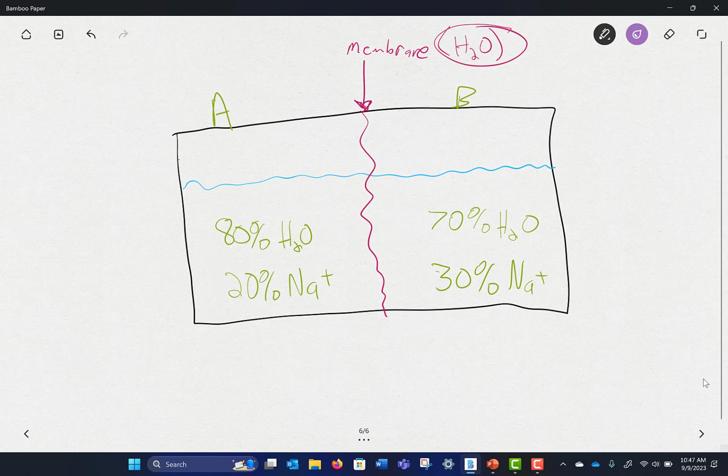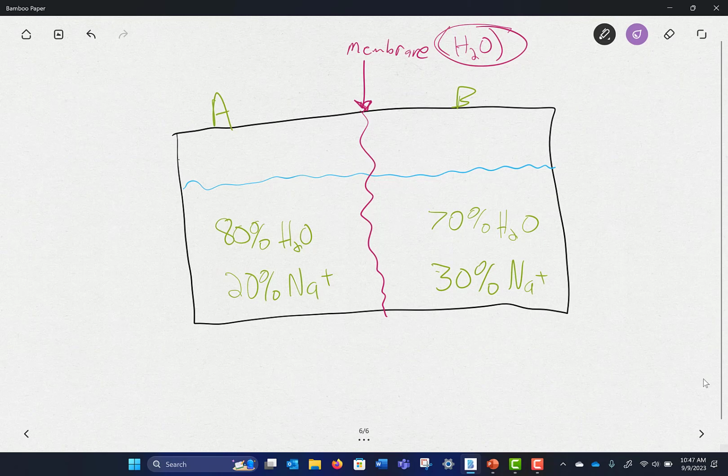The solution with greater concentration of solute, we say is hypertonic to the other solution. The solution with greater concentration is hypertonic to the other solution.